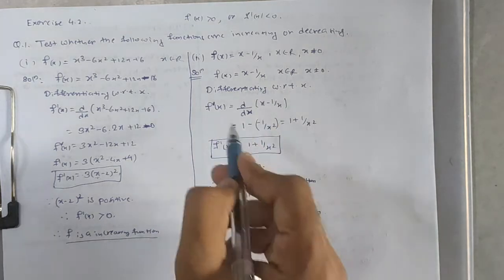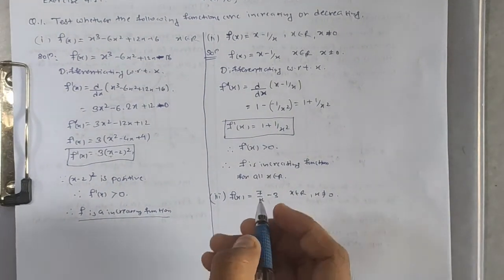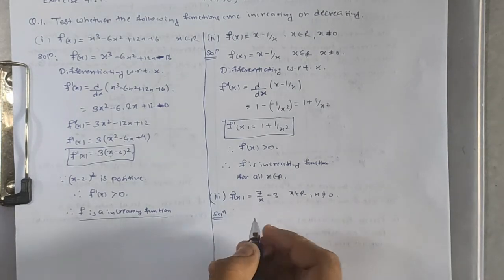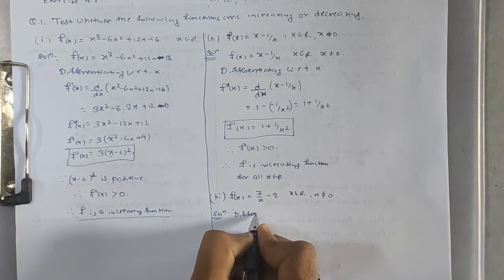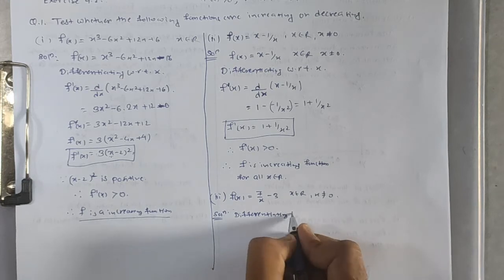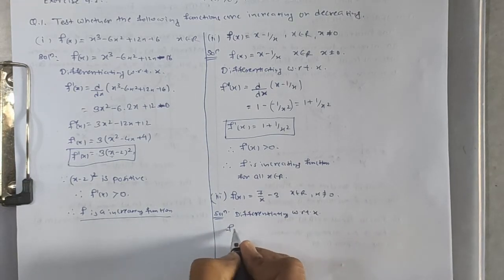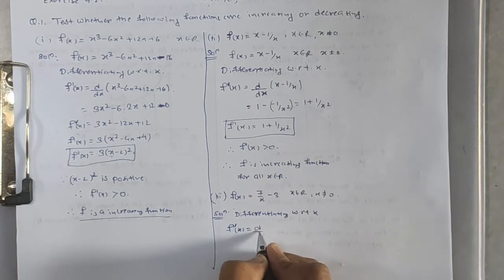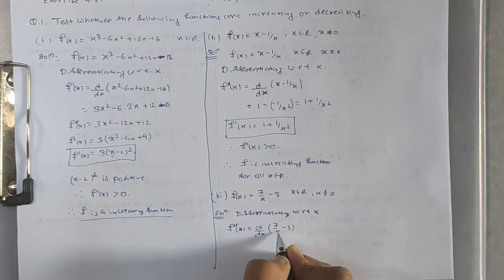So similarly we can do it like the second sum. First of all we will differentiate. Now I am going to do the differentiation directly with respect to x. So f dash of x would be differentiation of 7 by x minus 3 with respect to x.